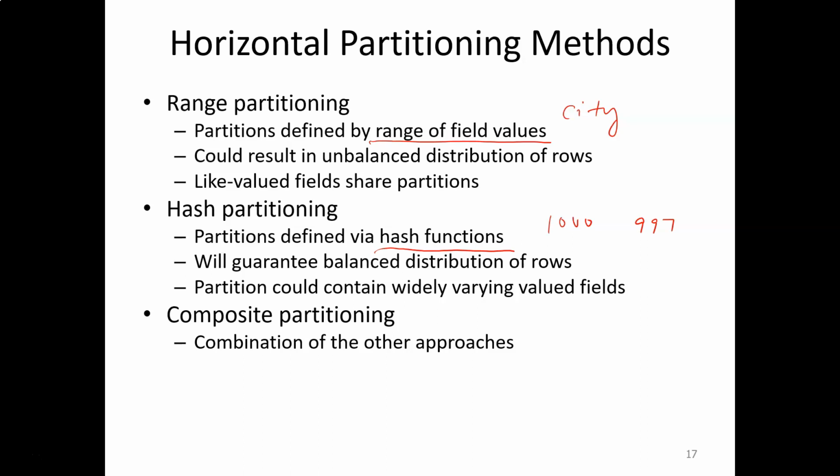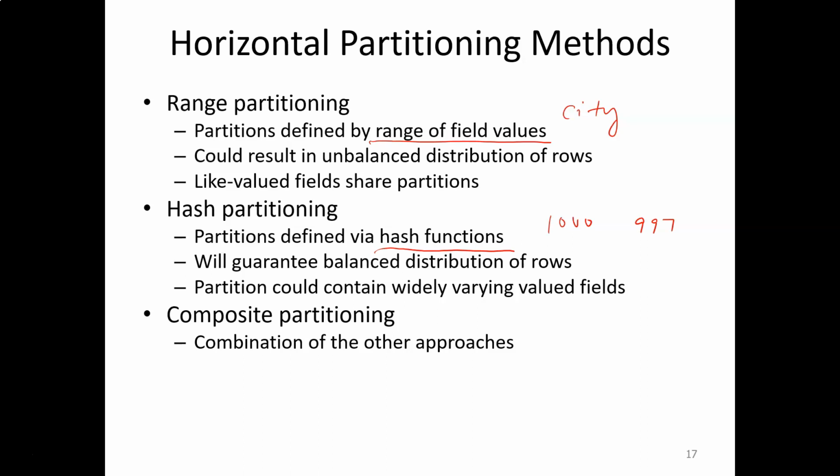The remainder can be 1, can be 5, can be whatever. Okay, so using this remainder, you can partition this into different partitions. For example, if the remainder is an even number, you're going to put it into one partition. If the remainder is an odd number, you put it in another partition.